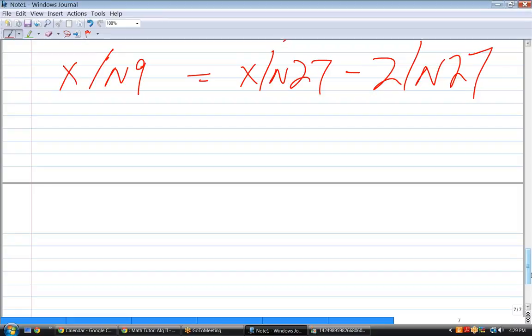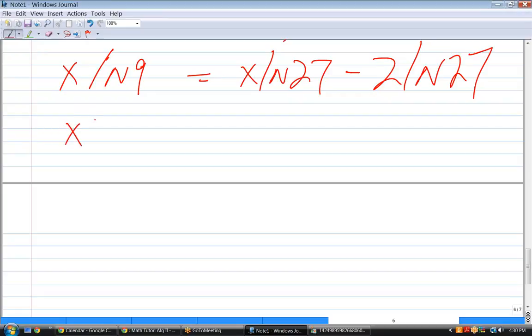Conceptually, what we want to do here is gather all of our terms that have x on them on one side, and anything that doesn't have x in it on the other side. So there's no point in adding that to both sides. We don't accomplish anything. We're trying to gather the x terms. So let's subtract this one from both sides.